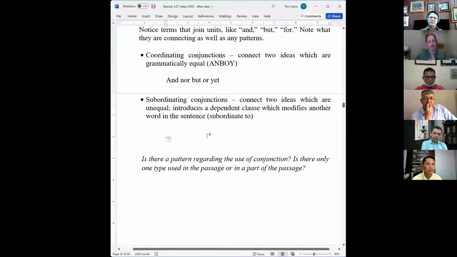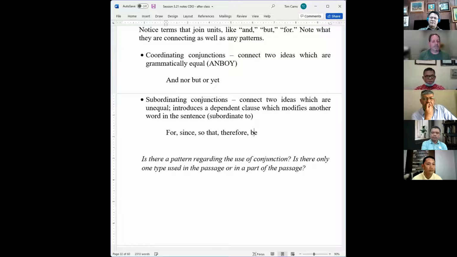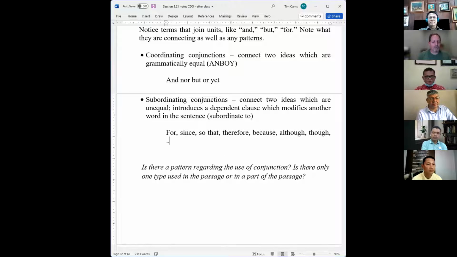Remember, a subordinating conjunction like for, since, so that, therefore, because, although, okay, there's many more of these. They connect a dependent clause to a particular word in the sentence. It modifies another word, all right?